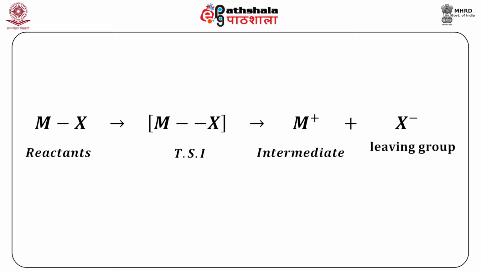So, before reaching the intermediate, the molecule gets a stage where M and X are in equilibrium of the two stages, where MX is neither bonded nor non-bonded. This stage is called transition state first. By the first step of the reaction, we get intermediate M+ and the leaving group X-.